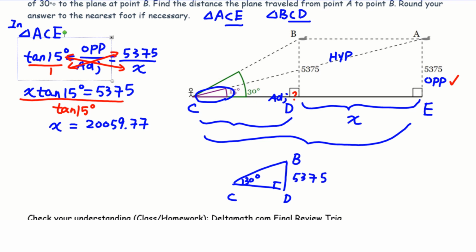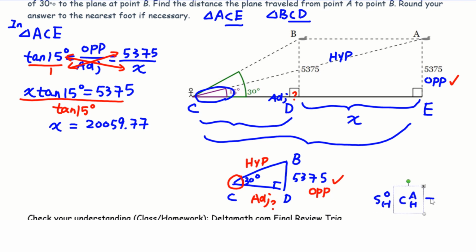Then label this one based on this angle: hypotenuse, adjacent, opposite. Opposite given, adjacent unknown, so we use TOA. SOH CAH TOA. We have OA, so we use tan.